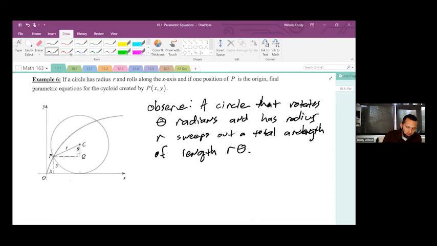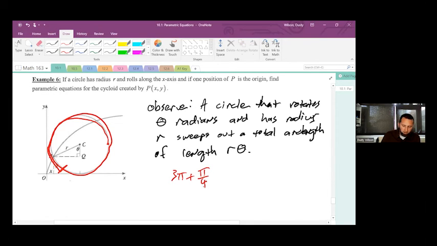So I'm saying that if we, for example, started with some point here and we traveled a total of maybe, here's pi, 2 pi, 3 pi, maybe I do 3 pi and a quarter. So in this example, I went more than once around, 3 pi plus a quarter pi.